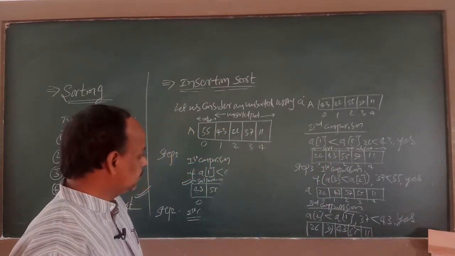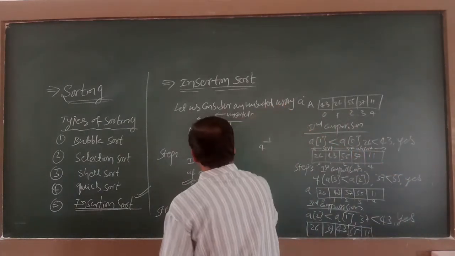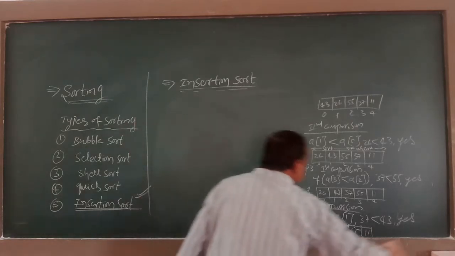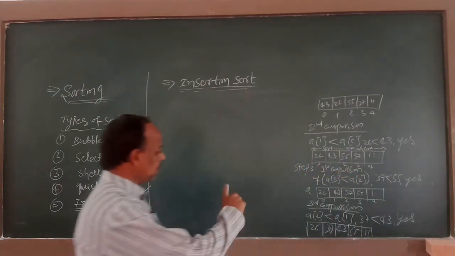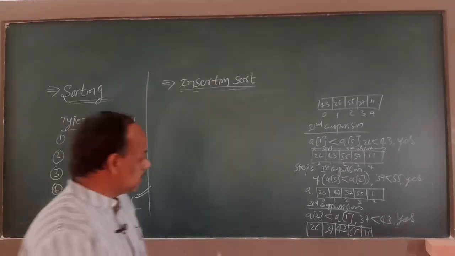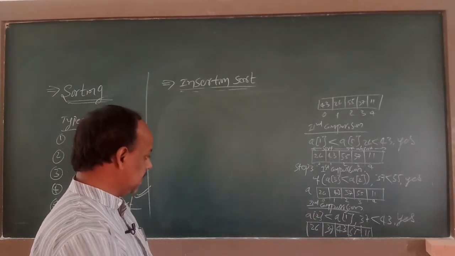So in the next step, what we have to do? 26, 37, 43, 55, 11. Now A of 2 is compared with A of 1.